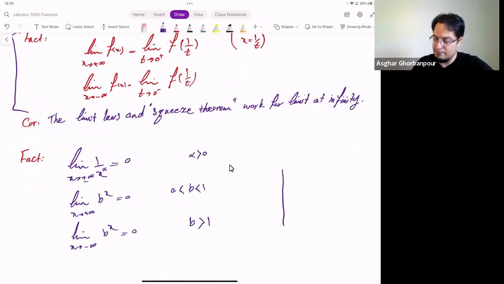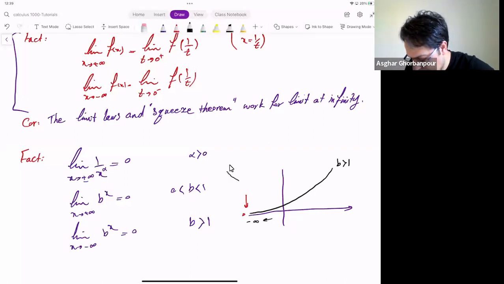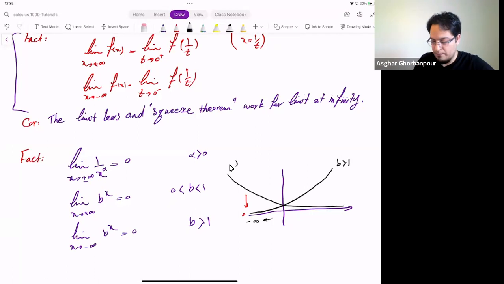And these can be seen just by looking at the graphs of the functions. So this is b when b is bigger than 1, and as x goes to negative infinity the function gets closer to 0. There is the same kind of story, but the other way around, when b is less than 1 and bigger than 0.